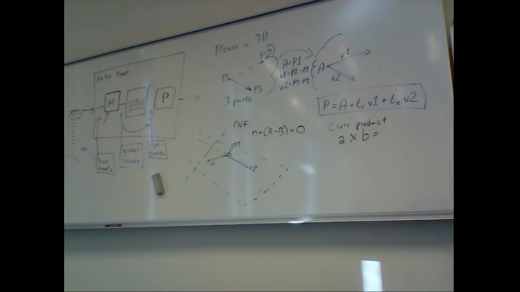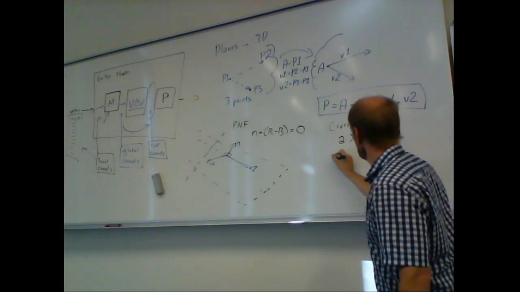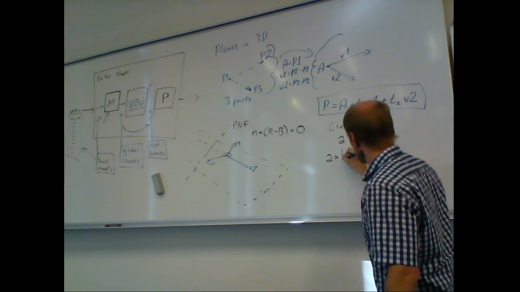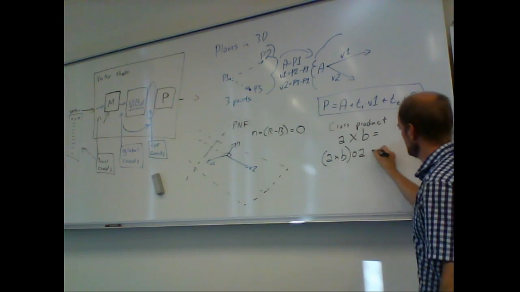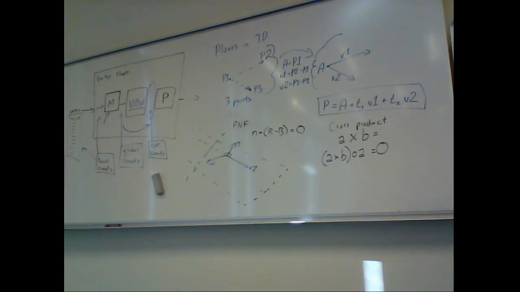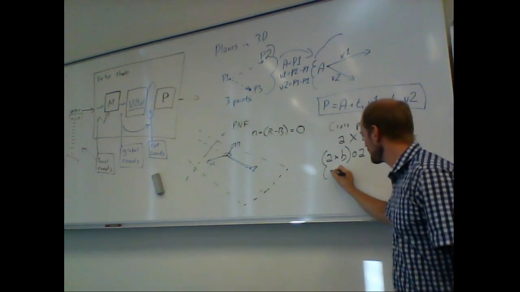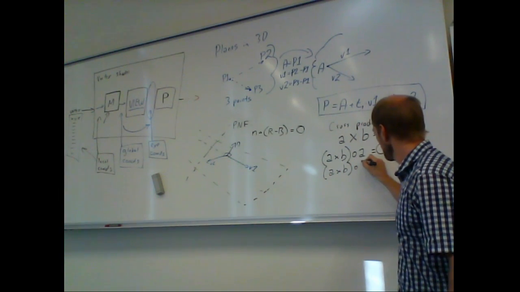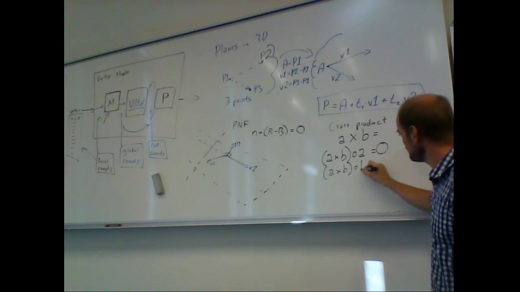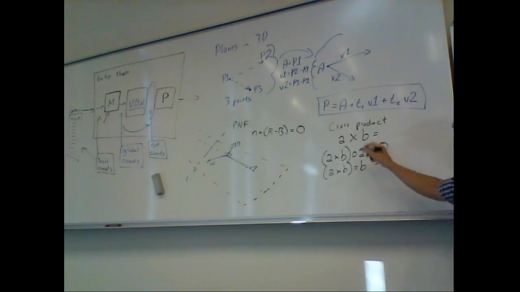So I can say the dot product of A cross B and A equals 0, and the dot product of A cross B and B equals 0. Okay, so the cross product will be perpendicular to both the vectors that the cross product is taken of.